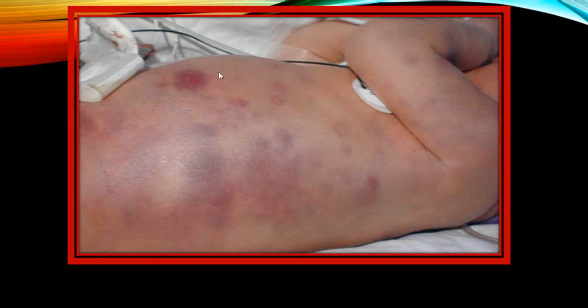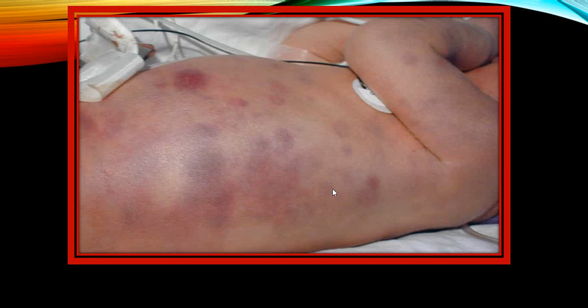We can see here multiple irregular-shaped red, purple colored patches on the trunk and on the limbs, on the arm. So this is what's called ecchymosis and bruising. This occurs more with traumatic and breech deliveries.